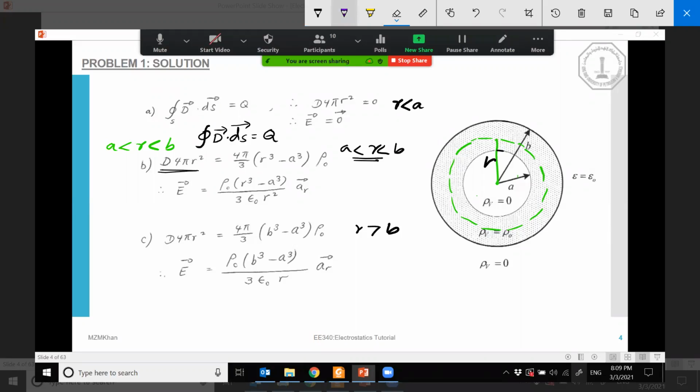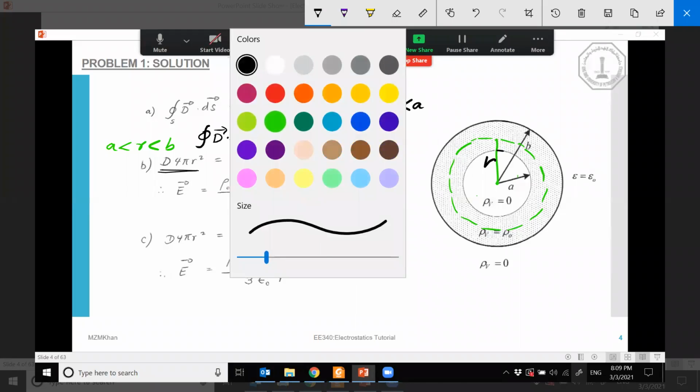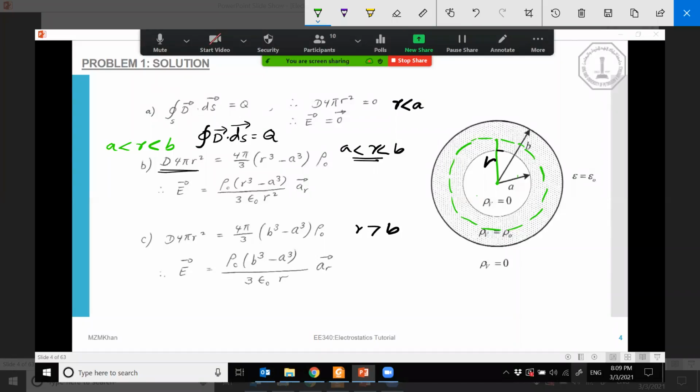So we got the left hand side, which is typical: d times 4 pi r square, because 4 pi r square is the surface area of my green shell. For a spherical shell, the surface area is 4 pi r square.